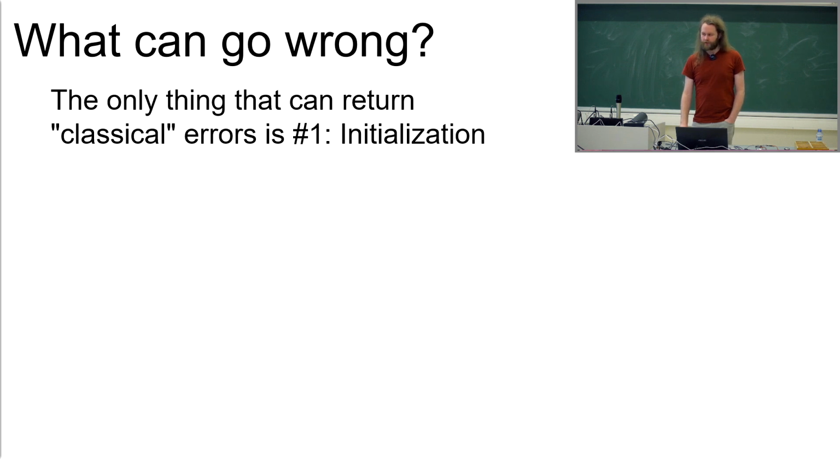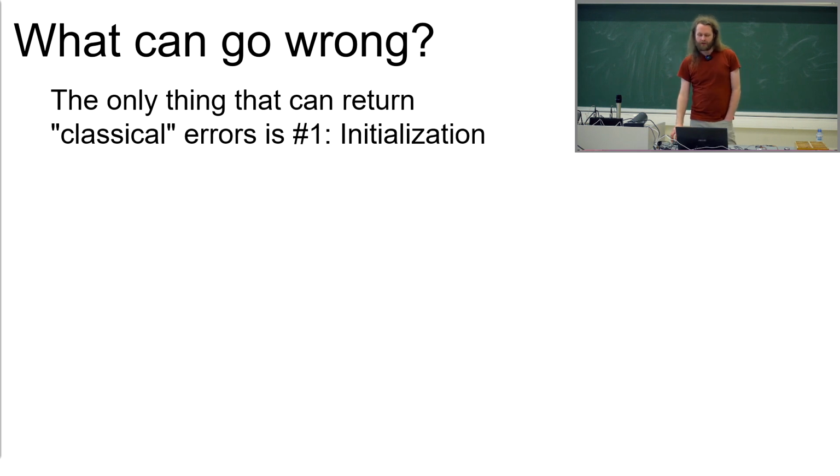Let's think about it in terms of classical errors. What returns classical errors? Like it returns an error or it throws an exception. The only one is really initialization. You can argue that reading and writing to the outside world could also return errors, but only if we implement them in either the library or the operating system or so on.